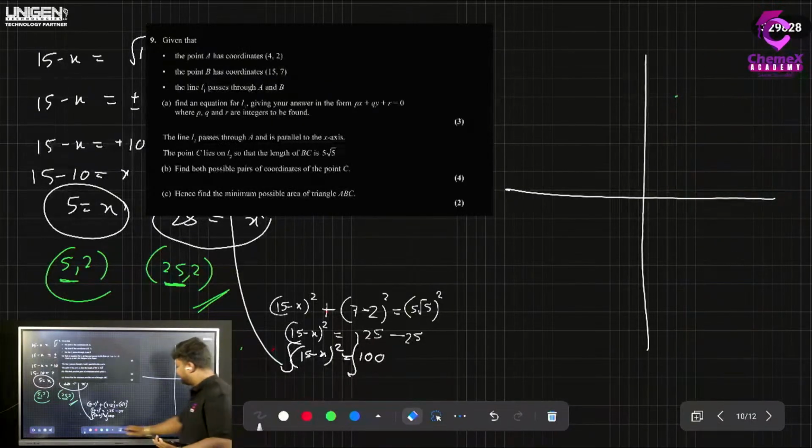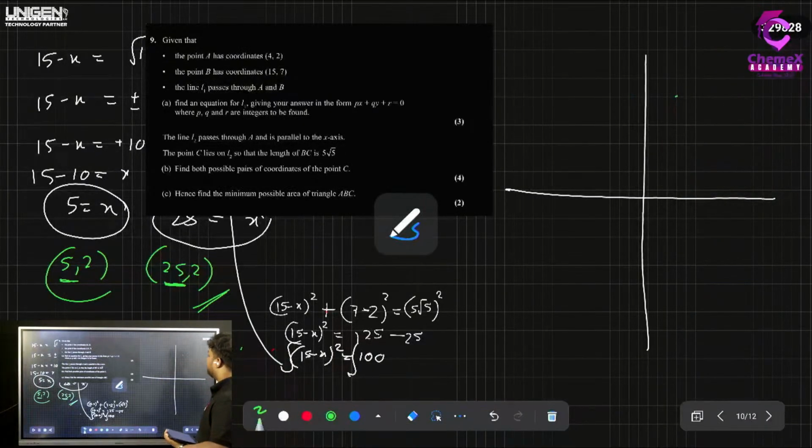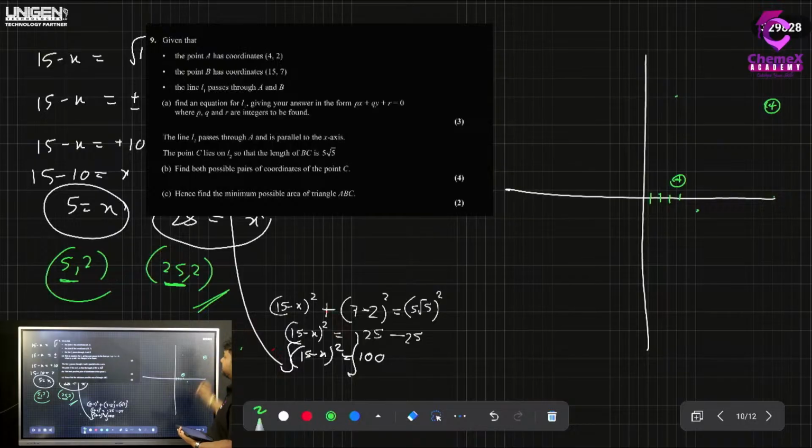Let's use the number line correctly, plotting every point sharply. So 4, 2 is here. 15 is somewhere here and 7 is somewhere here, let's say. So that's 15, 7. Then C is 5, 2. So I took 4, 2 and 5, 2 is the same place like this. So it's going to be a triangle like this. You understand? So this gap we need to know and this height we need to know.